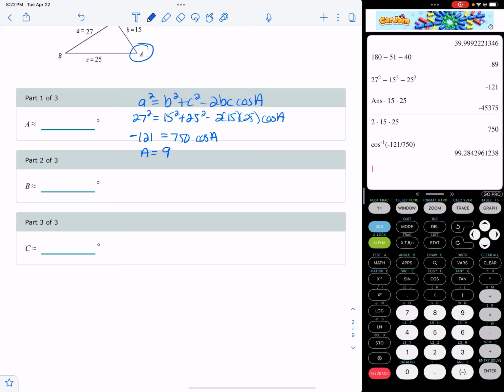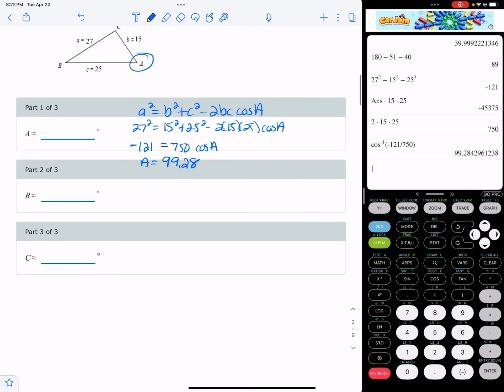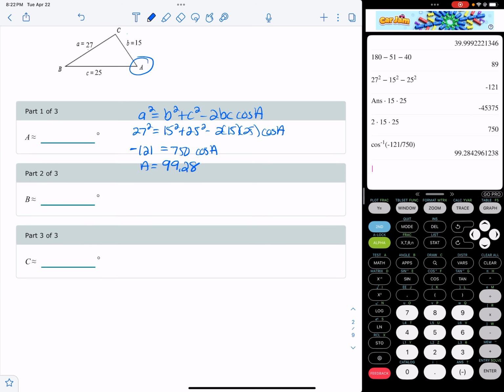So angle A is 99.28. I'm checking it because it's not matching up with what they gave us.